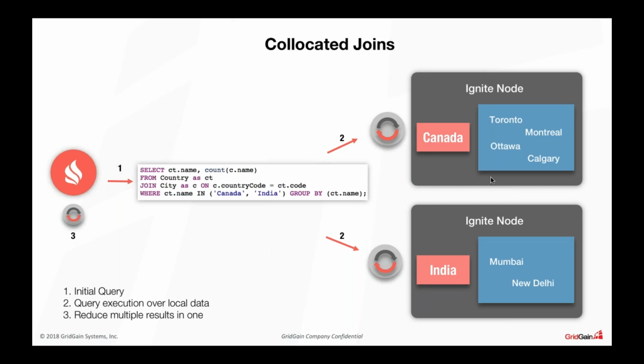Once you distribute your data, once you collocate your data, like it's shown here, all the Canadian cities are stored on one node and all the Indian cities are stored on the other node. Then you can run pretty standard SQL queries with joins and don't worry about SQL performance. The join will be executed over here and your application will get just the final result set. No data movement between the cluster nodes.